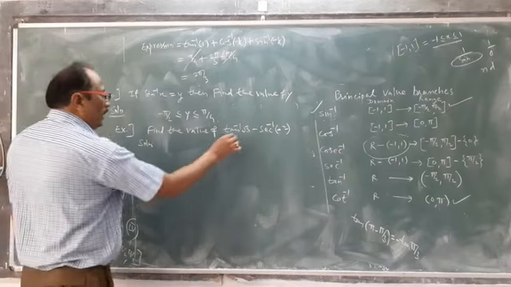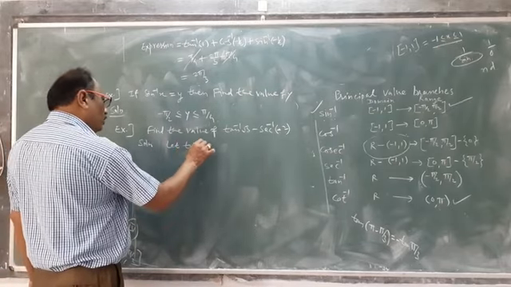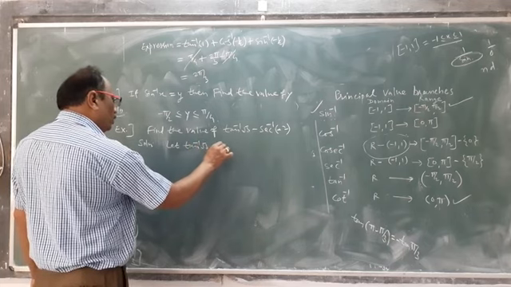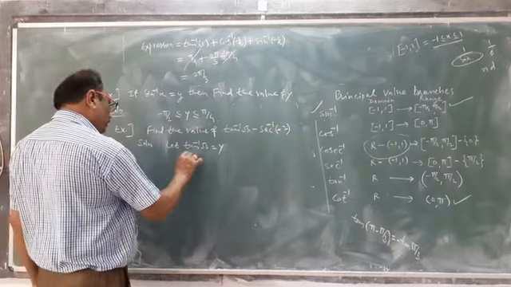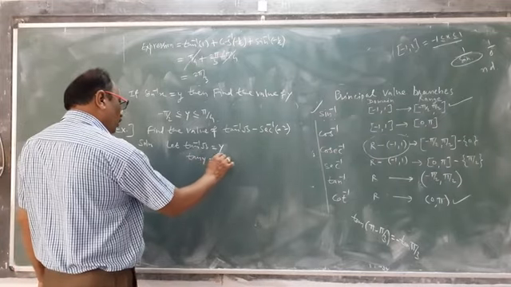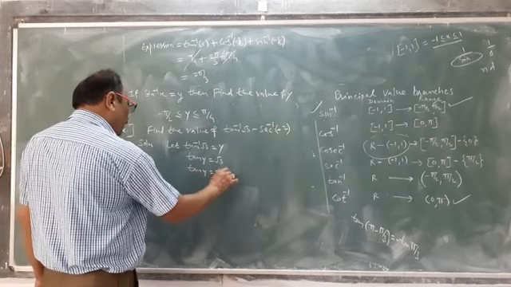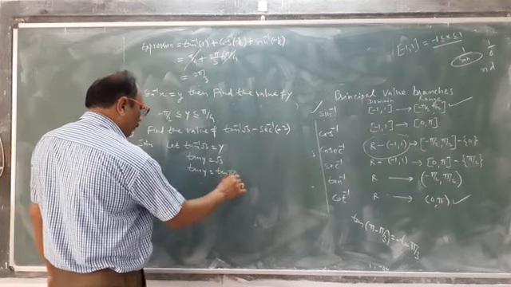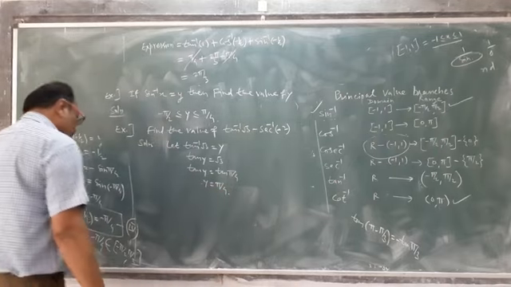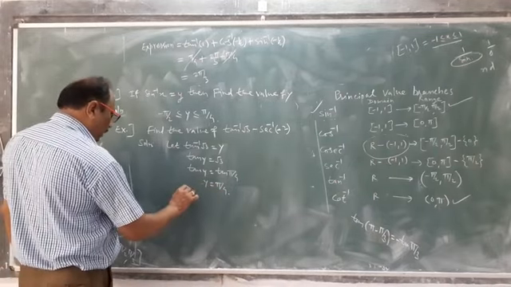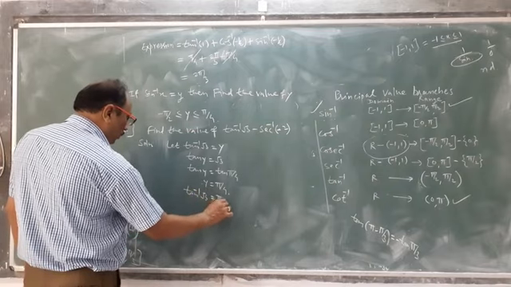Let tan inverse of root 3 be equal to y. Then tan y is equal to root 3, that is tan 60, which is tan pi by 3, so y is equal to pi by 3. Therefore, tan inverse of root 3 is equal to pi by 3.